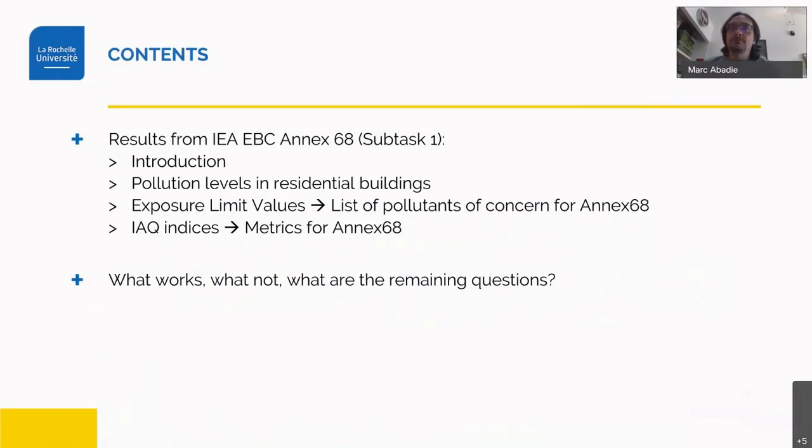We gathered some data on pollution levels and on exposure limit values to have a list of pollutants of interest for the annex. And we also defined some indices to evaluate the indoor air quality. The second part, which is the end of this presentation, I want to share the limitations of this work and what should be improved when designing indoor air quality metrics.